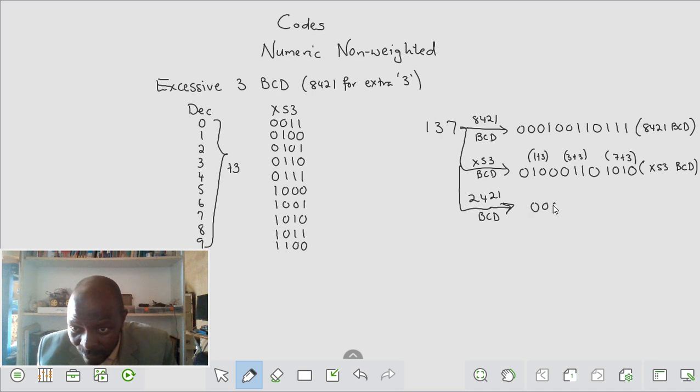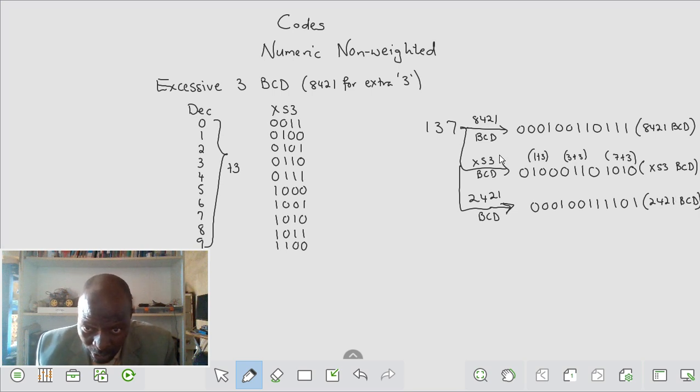The 3 would have been the lower order 2 and the 1. The 7 would have been the higher order 2, the 4 and the 1. Together that will be 2421 BCD. I'm just bringing up the old work so that we can relate and see how things are operating here.